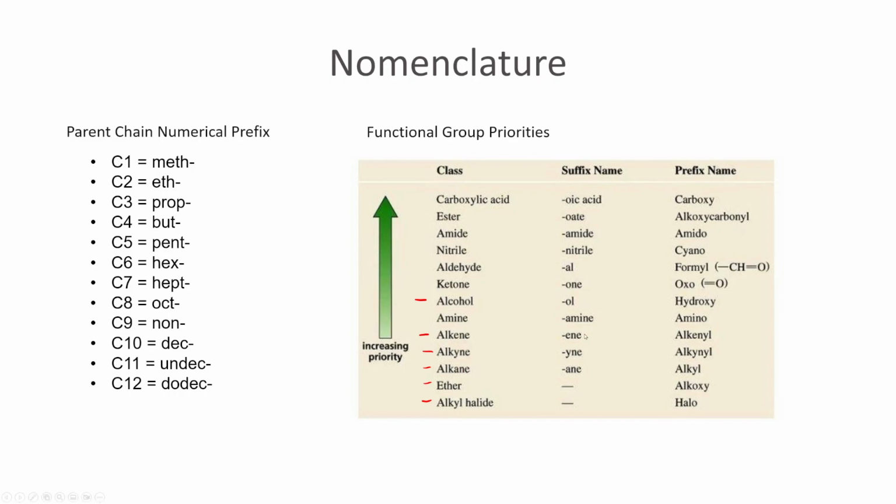And we write the name such that the end of the name is consistent with the highest priority group. If we have a lower priority group on the same molecule as the higher priority group, we use the prefix name and we name it as a substituent and consider it alphabetically.